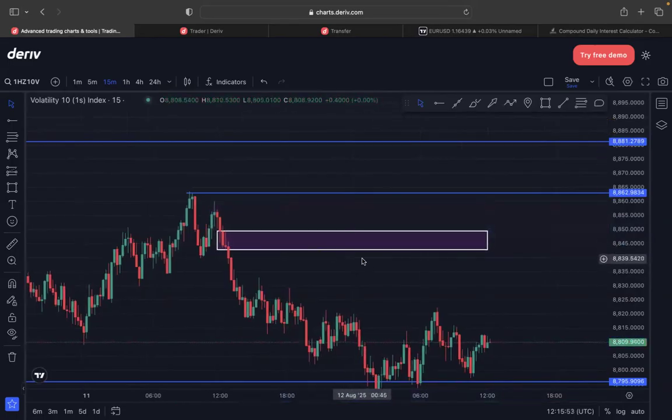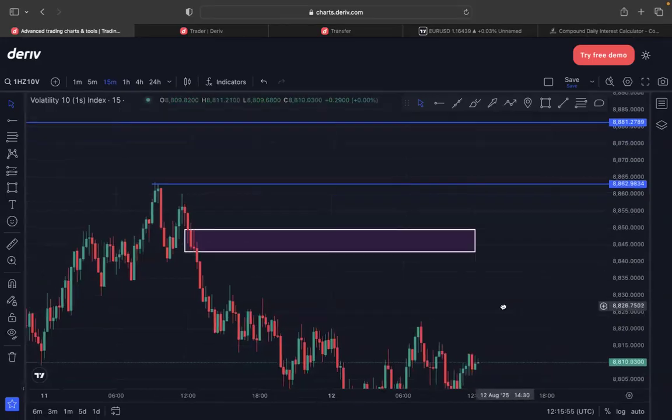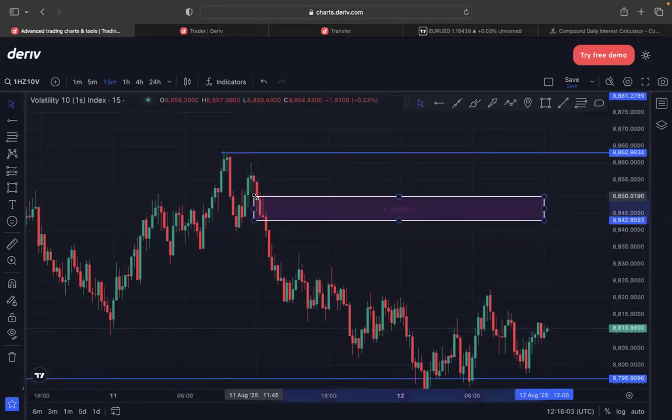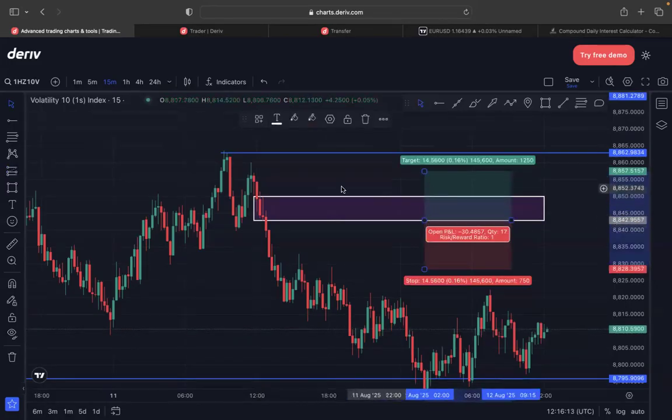So what I can do is, once you want to enter, your entry has to be on the lower time frame. If I'm setting my limits, I'm using this lower time frame entry because I want to be sure.